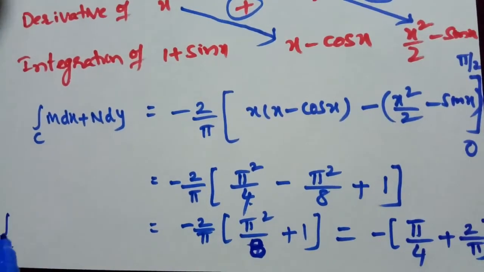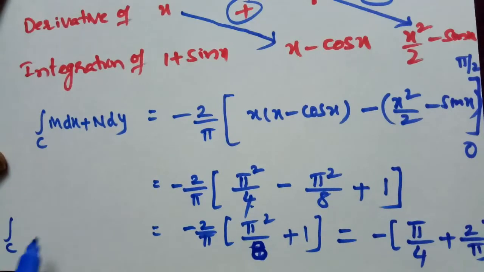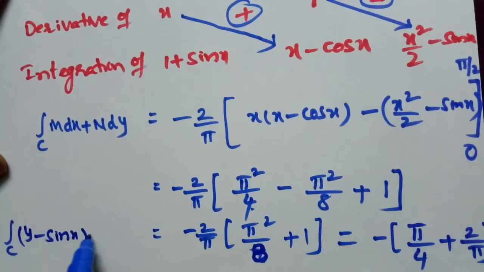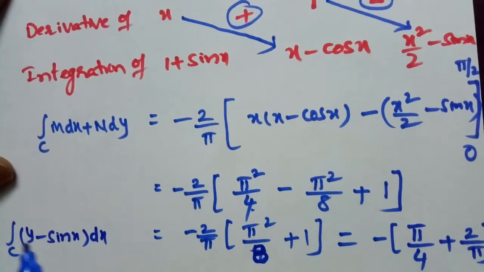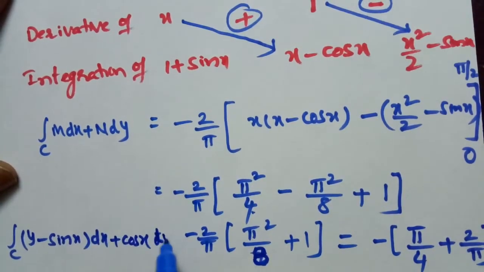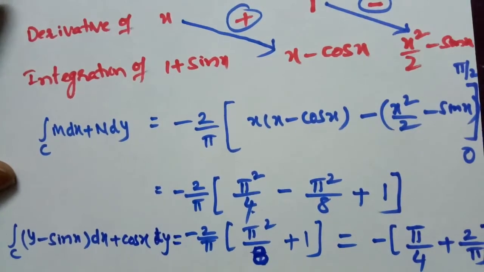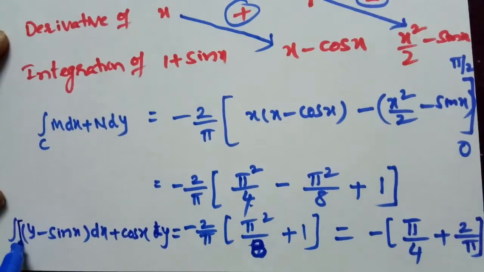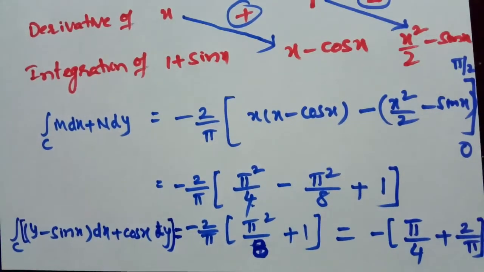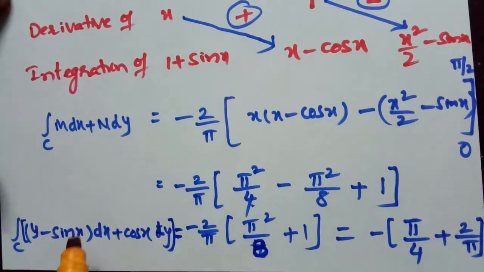Integral over C m dx plus n dy. But m is equal to y minus sin x into dx plus n value cos x into dx. So, by evaluation of line integration by using the Green's theorem, this is the beauty of the Green's theorem.